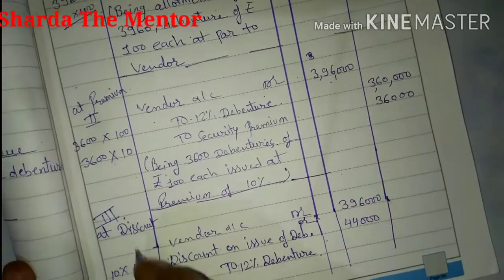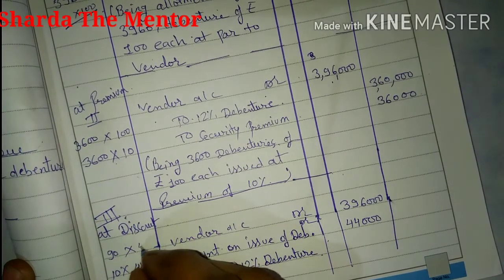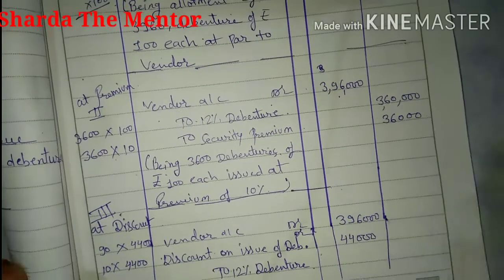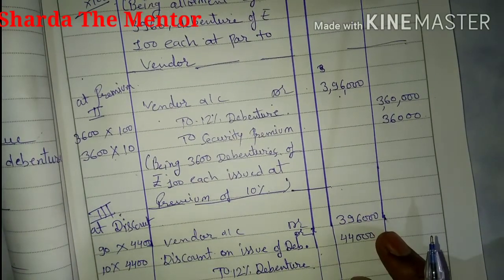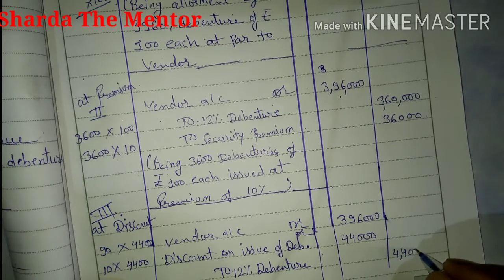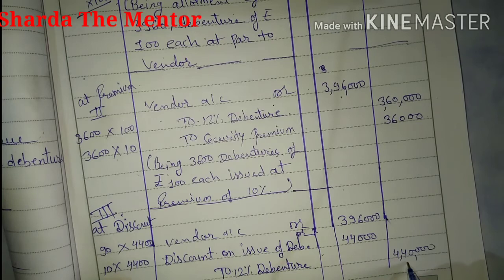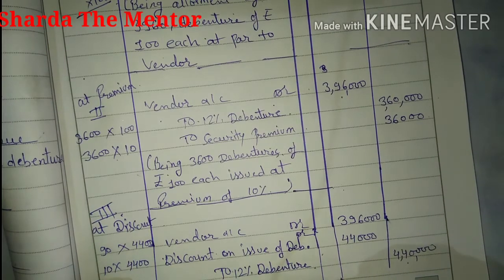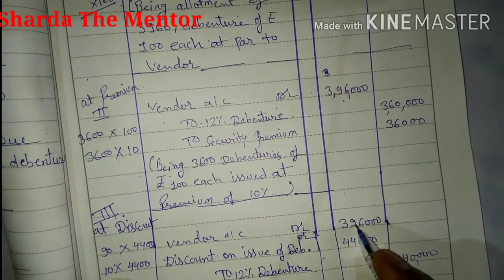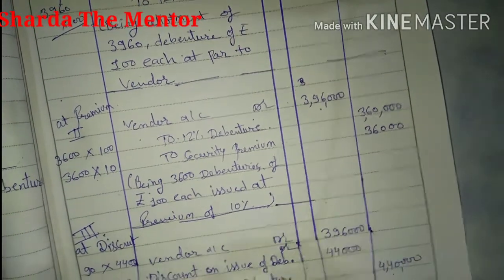That is the first way, and the second way, 90 multiplied by 4,400, so you will get 3,96,000. So that is 4,40,000. Here you can see that the debenture amount is higher, but always the vendor amount will remain the same. Whatever amount you have to pay, that will remain the same, so that will be easy.